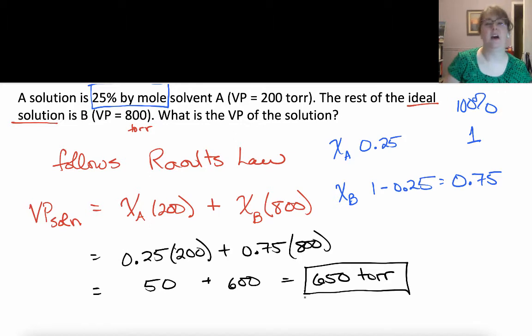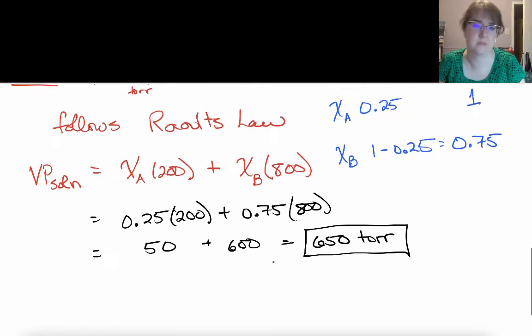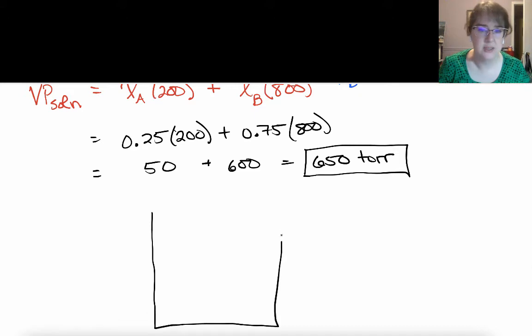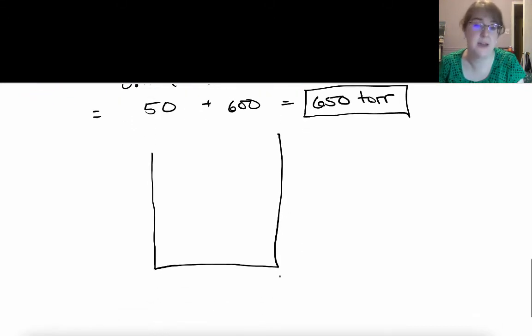What if I thought that this vapor pressure was too high and I needed the vapor pressure of my solution to be different? What if I wanted to consider a whole bunch of different percentages or mole fractions? Well, what I'm going to do is graph some of my options.